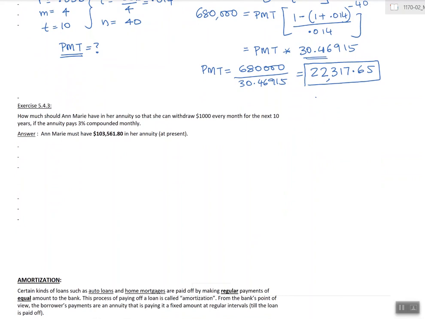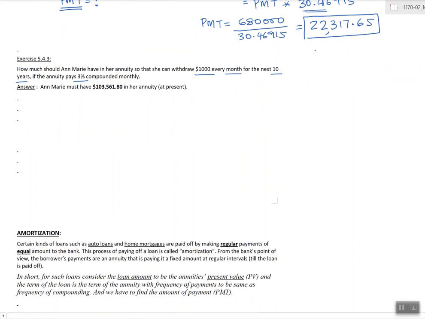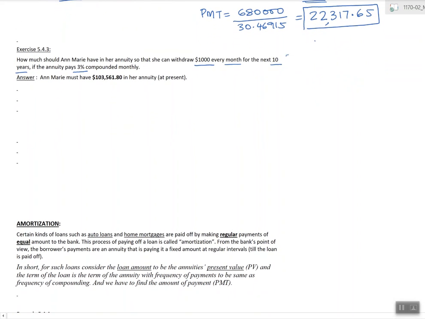Next example. How much should Anne Marie have in her annuity so that she can withdraw $1,000 every month for the next 10 years if the annuity is paying 3% compounded monthly? So this is a typical retirement planning question.